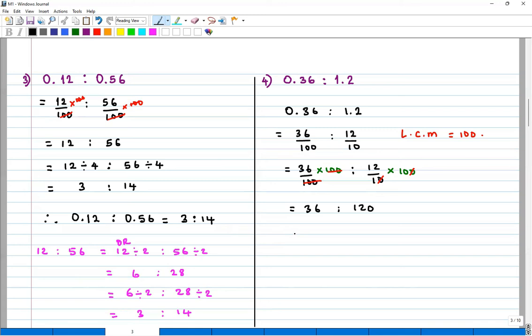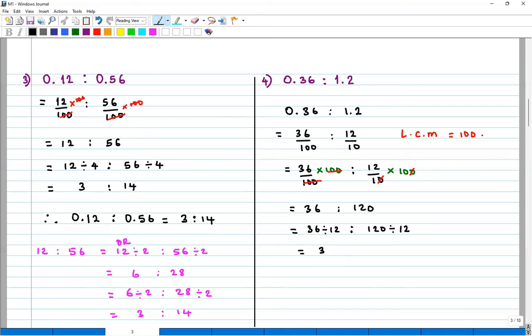Now, we can divide this by 12 right away so that we get to the simplest form, other than dividing it by 2, 2, 2, 2, or by 3 or by 4. We get the biggest common factor. You get that? And that will be 12. So we get 36, we divide it by 12 to 120 divided by 12. Now, when we get 36 divided by 12, we are going to get 3. You see that?